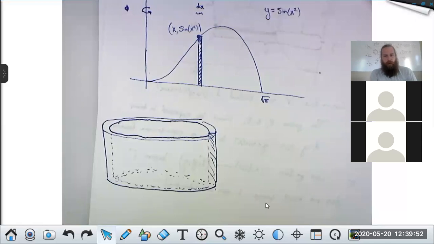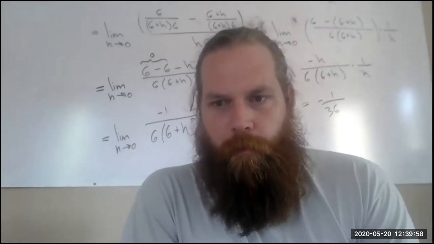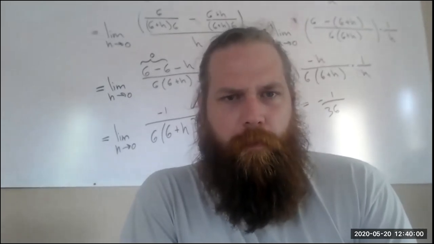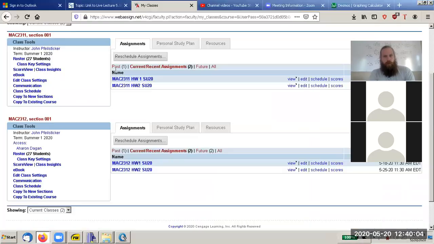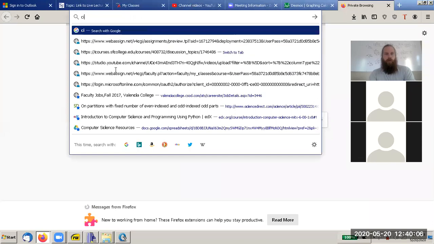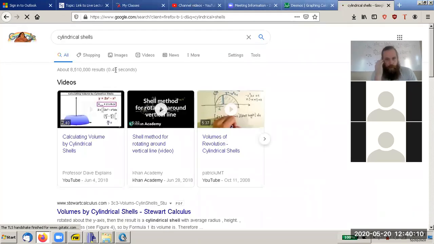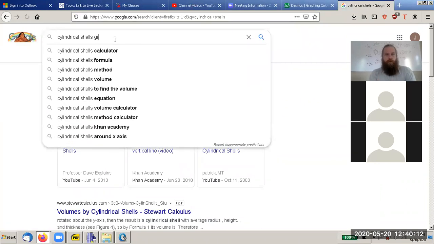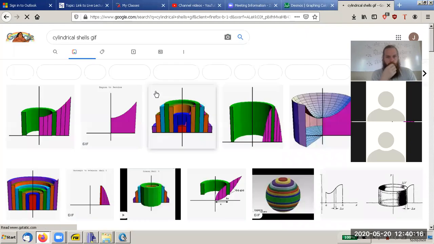Let me come out of the screen share here. Probably actually easier to do it like this. Let me share with you some pictures, maybe a GIF. Find something with some animation that's usually really helpful.